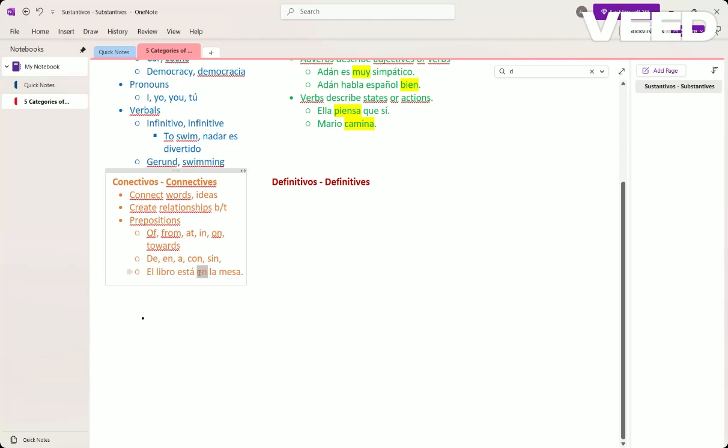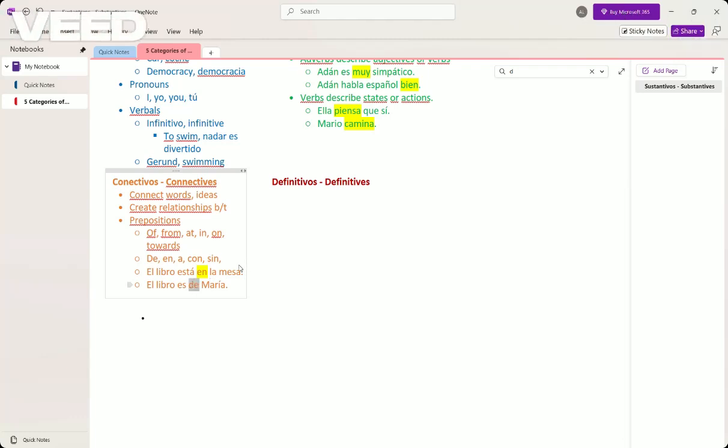And in this case, it's going to be a relationship of location, en. Another example would be something along the lines of el libro es de María. The book is Maria's. So here we need a relationship between libro and María. So de is my relationship, and it's a relationship of ownership. So that's what prepositions do.